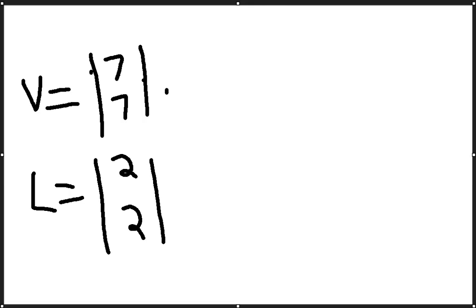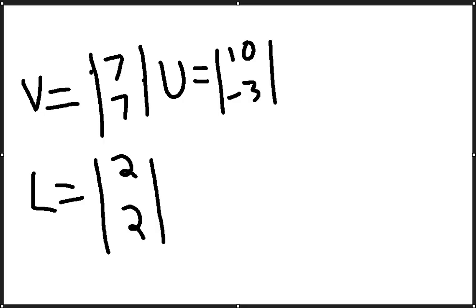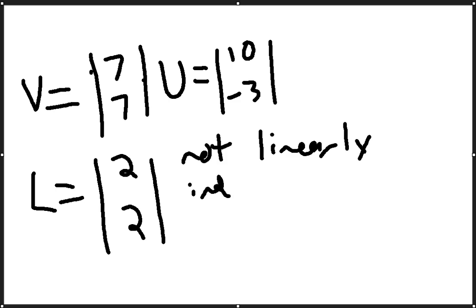And another vector U, which is equal to, let's say, 10 and negative 3. Which one of these are linearly, or I guess not linearly independent?